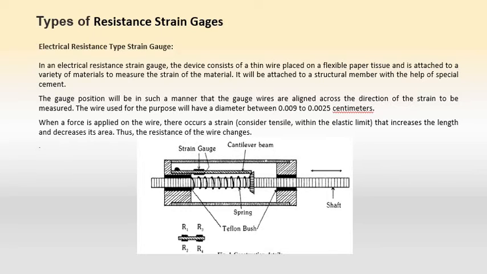As the displacement happens, some strain should occur to the metal piece, so this metal piece is to be attached to that material. It is attached with some type of cement or some joining material or some type of special cement.